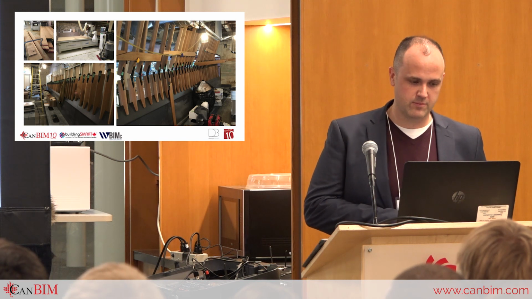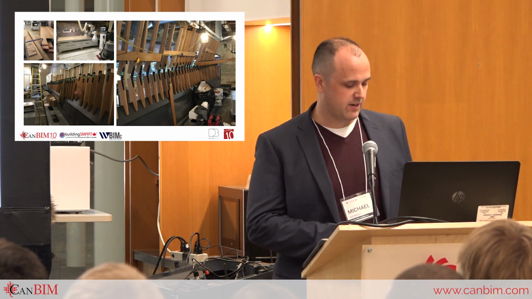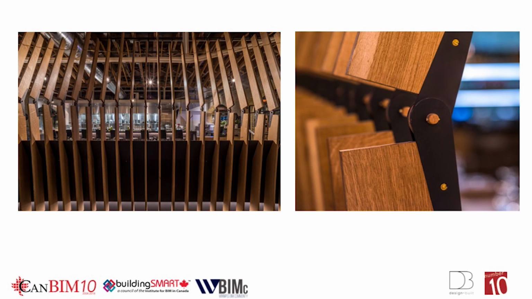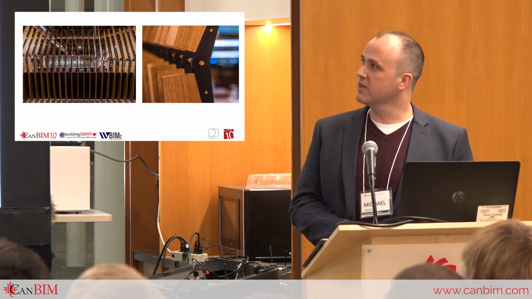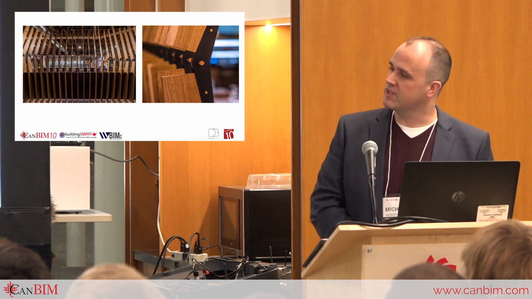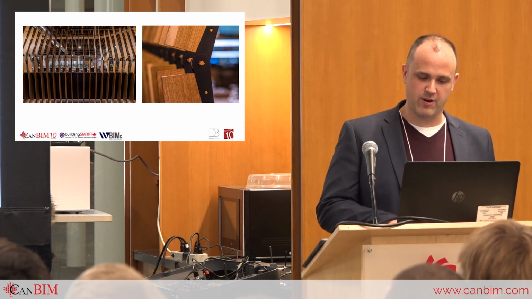And so now we get to some of the final images of what we were left with after all of the design and fabrication in the shop. The image on the left is from inside the corridor, where you can get some of the transparency through to the restaurant, which was one of the design goals that we had at the beginning. Just a detail image of the hinge that really solved a lot of our variability problems.